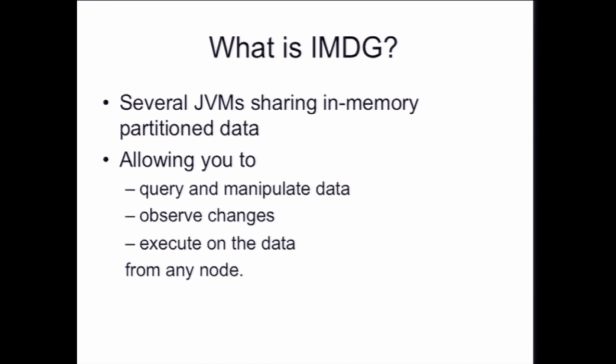It's not a different type of data, like JSON, or like in the case of JDBC, columns and tables, rows. It's your own objects. You're storing into the grid, and then processing in the grid, querying, manipulating the data in the grid.